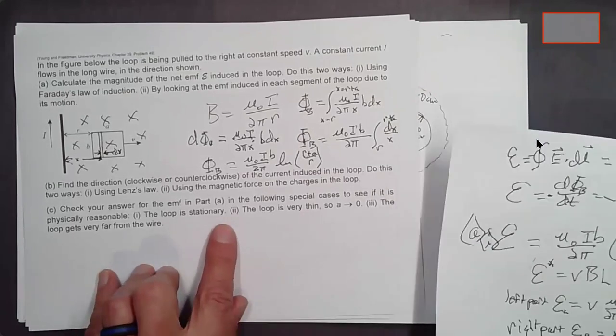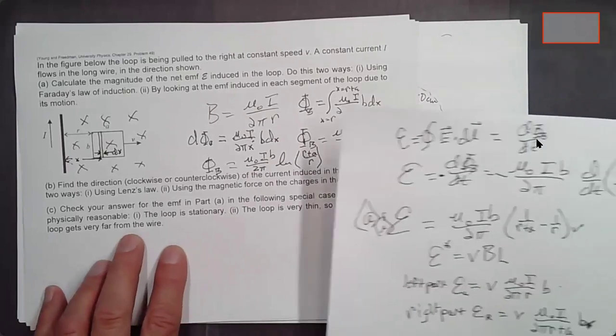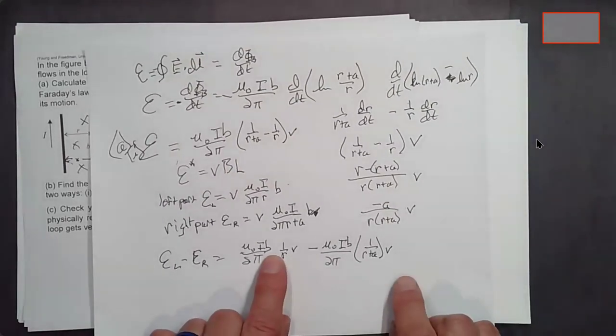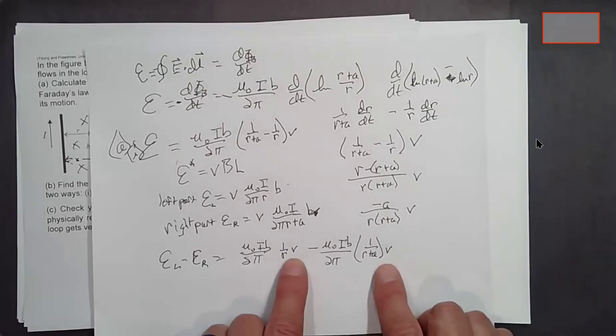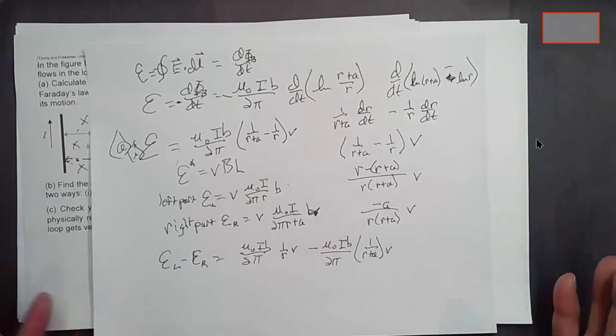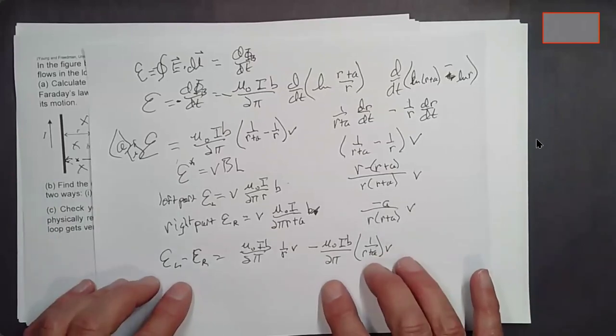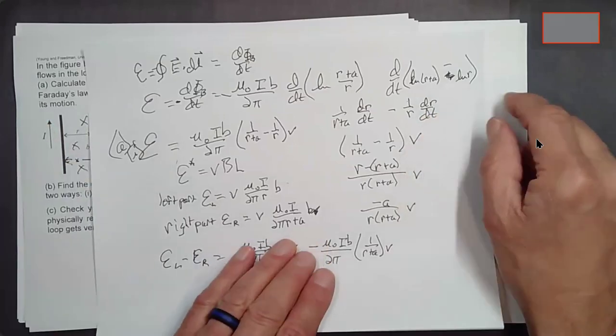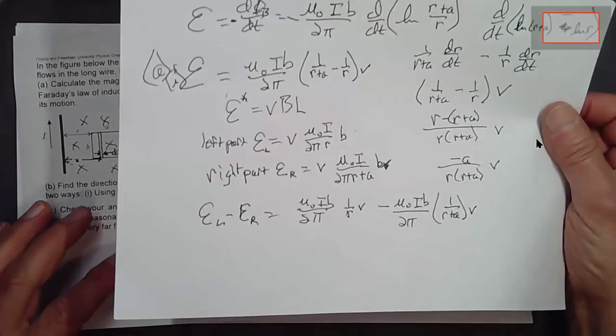Okay, and then check our answers in special cases to see if it's reasonable. One, if the loop is stationary. Well, if the loop is stationary, it's just sitting there in a stationary magnetic field. v is 0, and so there's no induced EMF, and both of our expressions would go to 0. So that's reasonable.